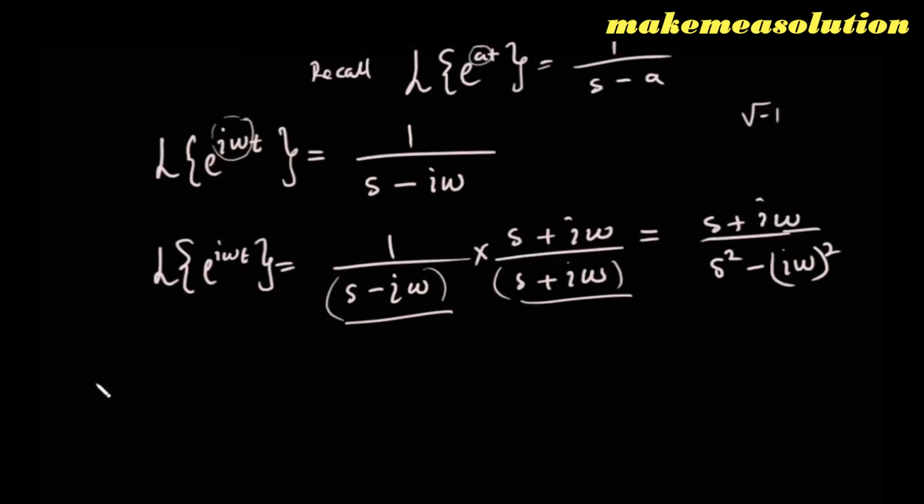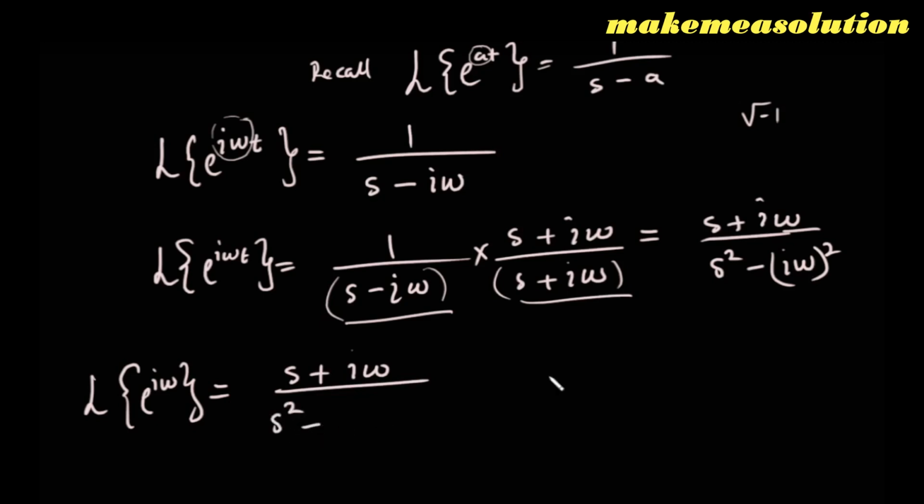To round it up, the Laplace transform of exponential i omega t will now be s plus i omega divided by s squared minus, so I'll have i squared and omega squared from this place according to the law of indices.